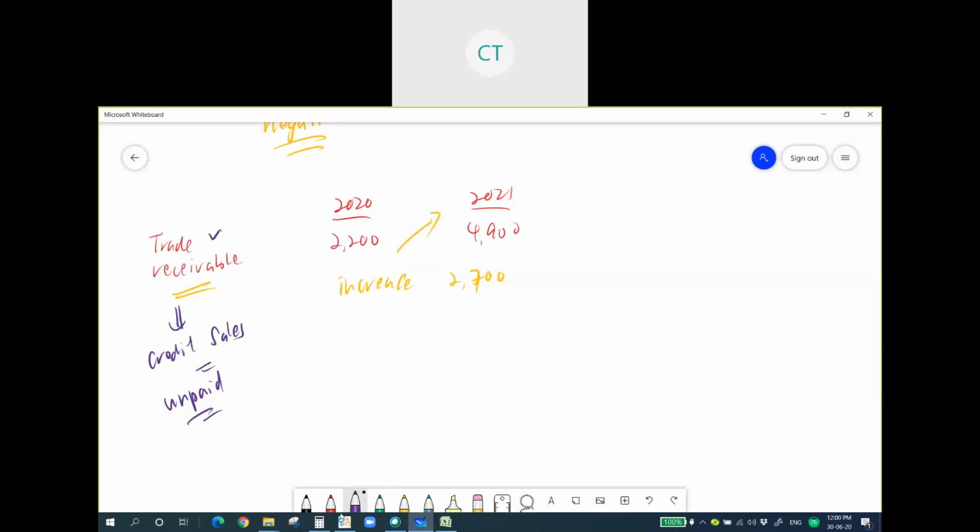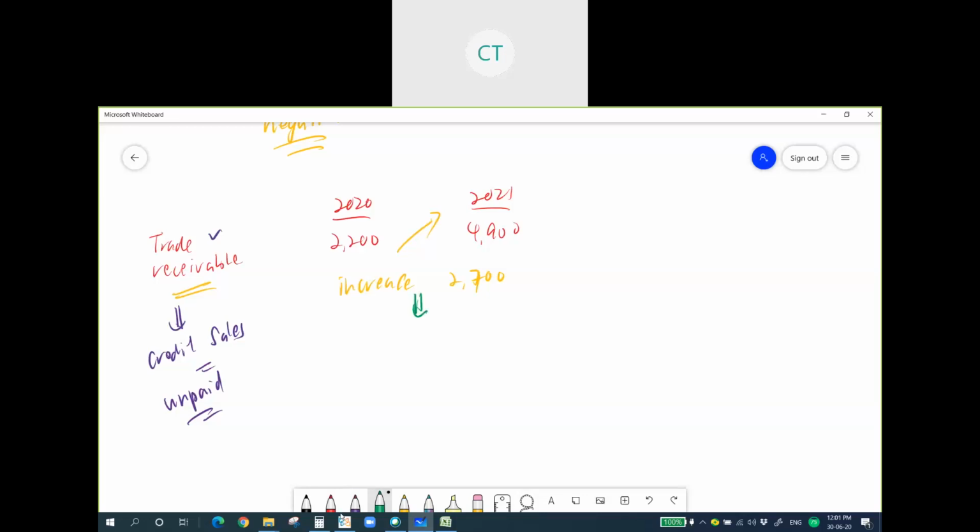When your trade receivable increases, meaning that you collect more from them or you collect less from them? So easy answer is receive lesser amount. We receive more from them or we receive less from them? That's right. Yes, correct.